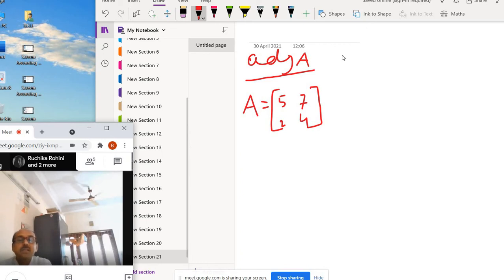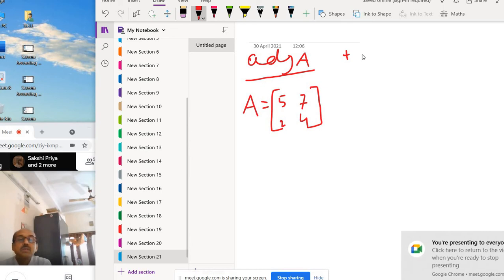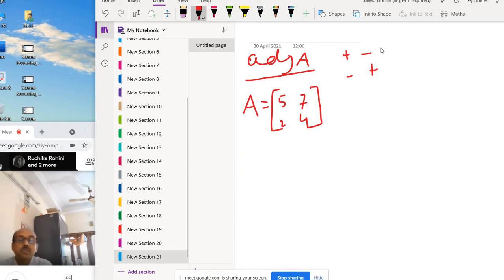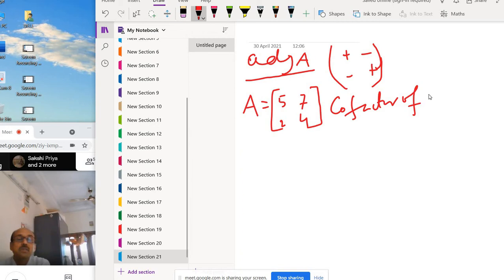We know the cofactor signs are plus, minus, minus, plus. So the cofactor of 5 is plus 4.